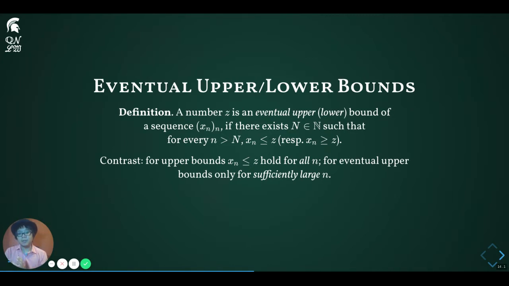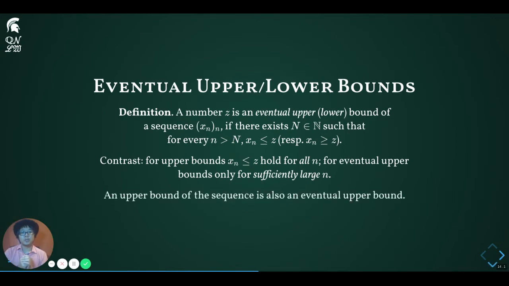The basic idea is that when thinking about convergence of sequences, we only really care about tail events, meaning that we only care about what happens when the index goes toward infinity. So we can be perfectly happy with the sequence exceeding an eventual upper bound here and there, as long as eventually the sequence comes to rest below it.